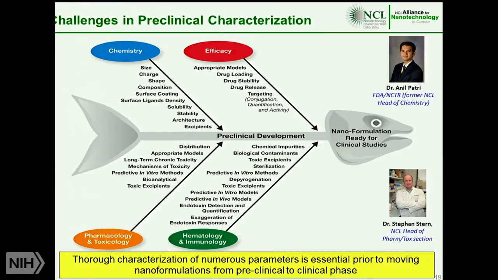But I used this idea to prepare a fishbone diagram to summarize factors that are critical in chemistry, efficacy, pharmacology, toxicology, and hematology and immunology of engineered nanomaterials. The knowledge that I used to prepare this slide was generated over many years of working side by side with two of my colleagues at NCL, Dr.